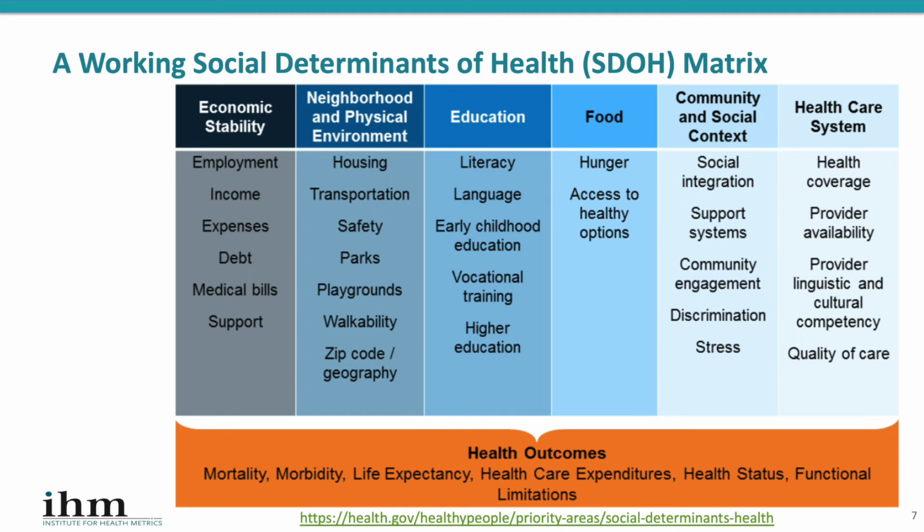And you'll notice that there's a 6th column here, which is the healthcare system. The healthcare system kind of fits in here. These things cross each other. And the healthcare system is not really independent of those other 5 categories.